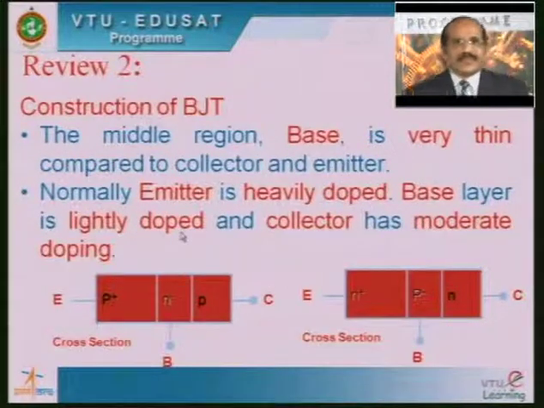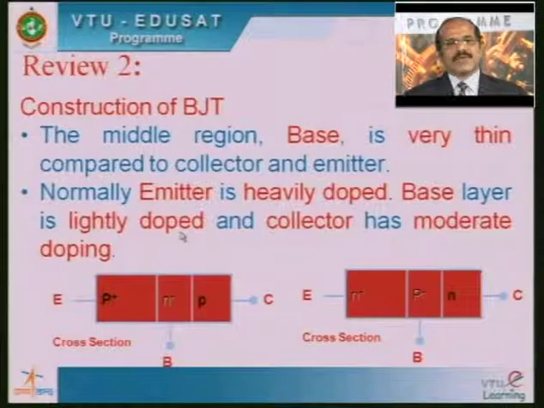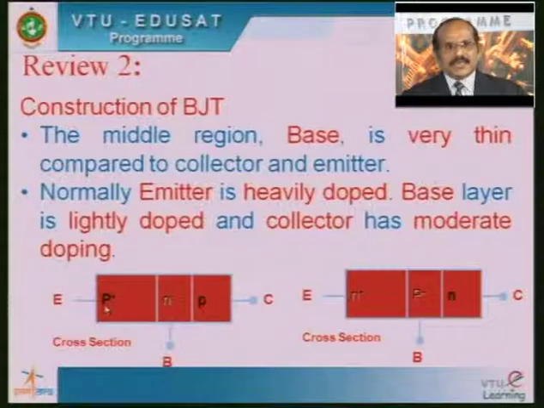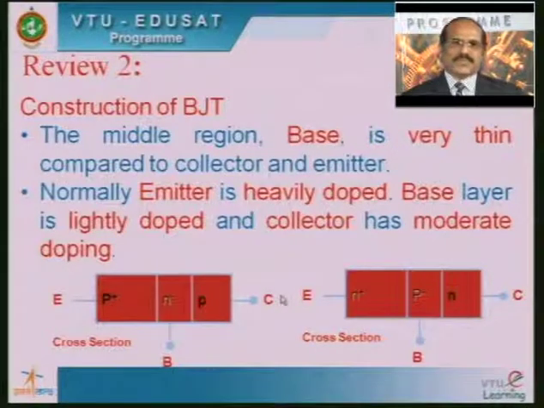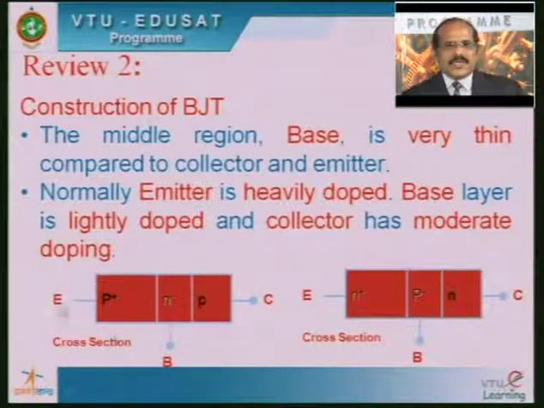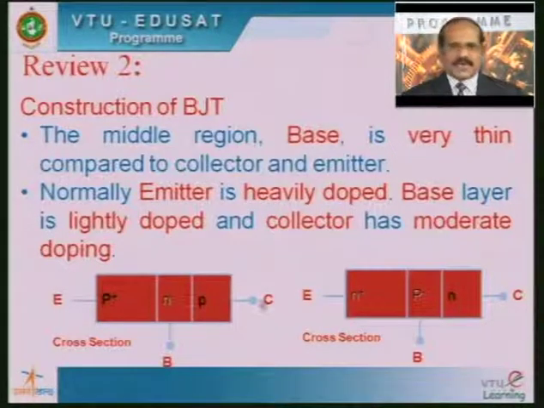We have also seen that the BJT consists of three layers: the emitter layer, base layer, and collector layer. There are two types of BJTs, the PNP transistor and the NPN transistor. In the PNP transistor, the P plus acts as the emitter, N minus behaves as the base layer, whereas the P is the collector.